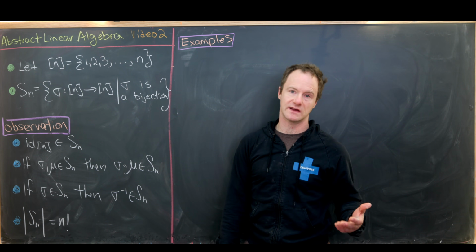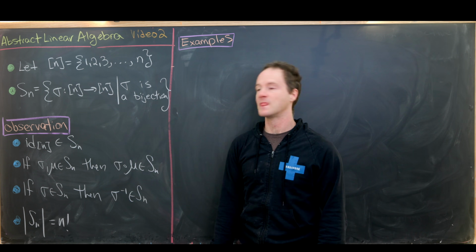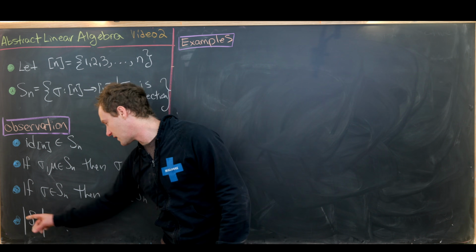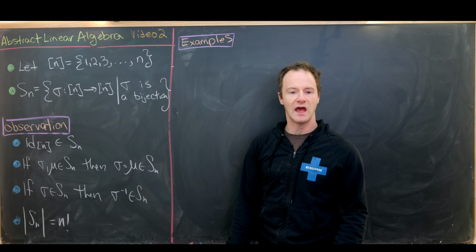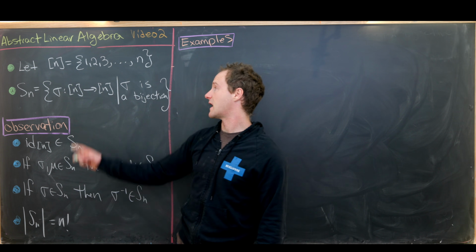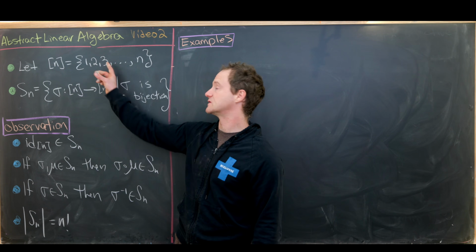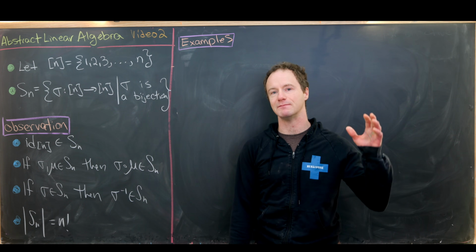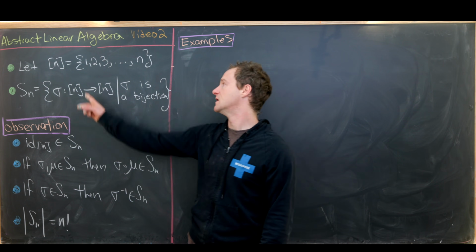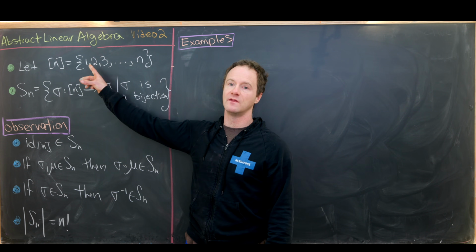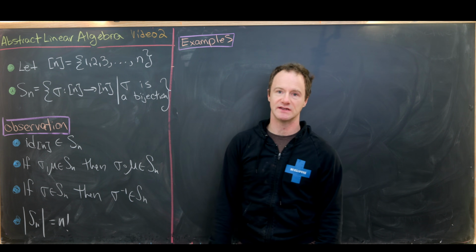Finally, there's one more little counting problem. And that is that the number of elements in this set Sn is equal to n factorial. And we can count that just by remembering that each of these, 1, 2, 3 up to n, must be mapped to a distinct element 1, 2, 3 up to n. So if we start with 1, there are n choices of places to send 1.